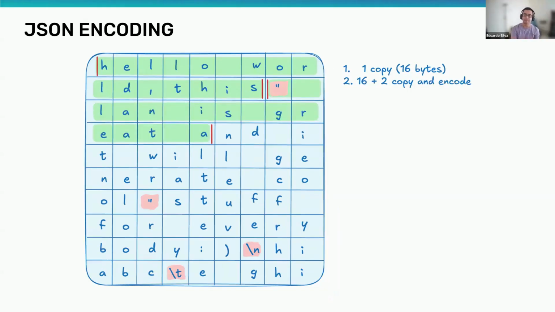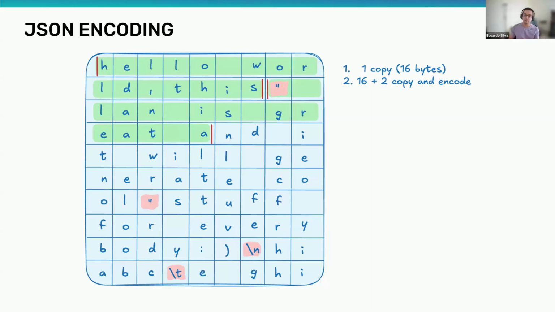The next one, do we have a character that needs to be escaped? Yes. In position 0, we got a quotation mark, right? It means there's something that needs to be escaped. So what we do is the manual process of checking every single character, right? And that's fine.